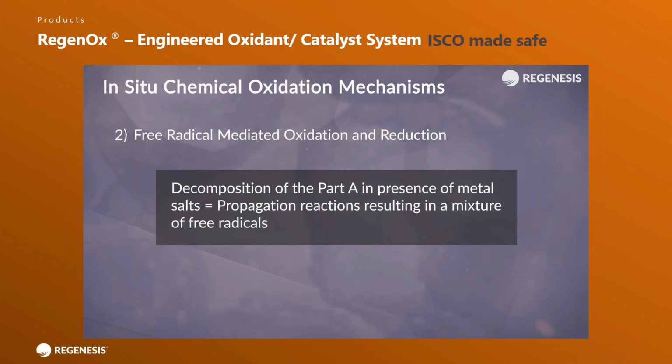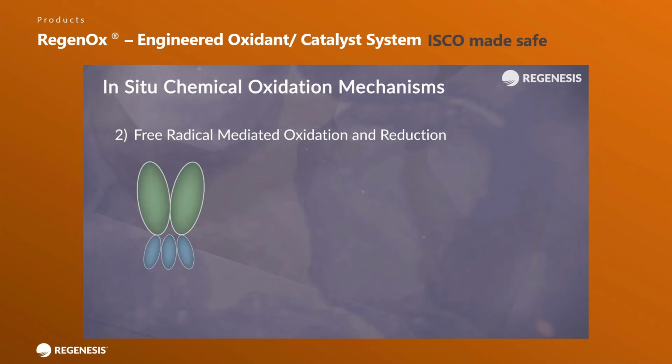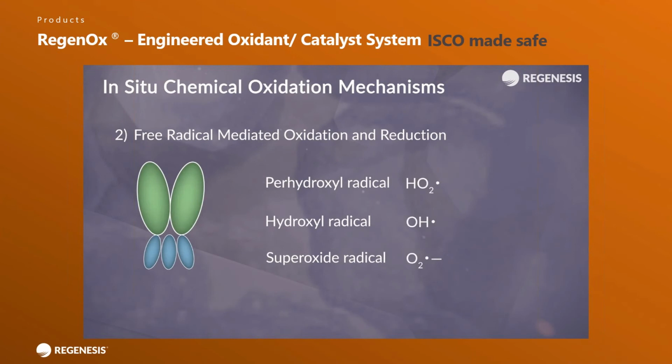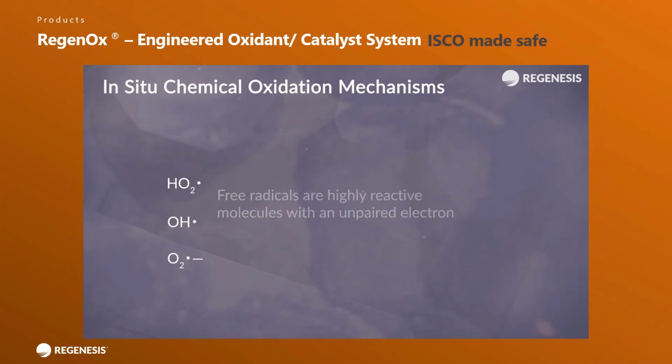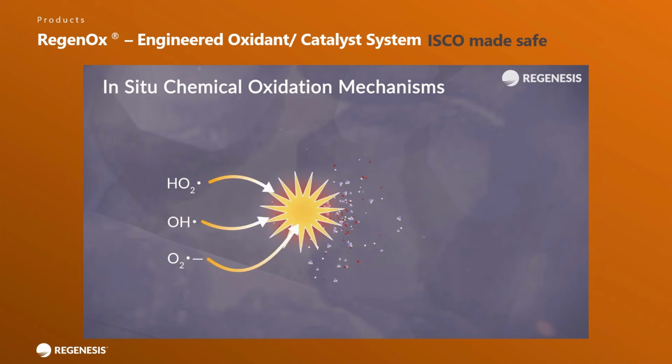These free radicals are essentially molecules with unpaired electrons and, when they come into contact with the contaminant, they will oxidize it and destroy it.